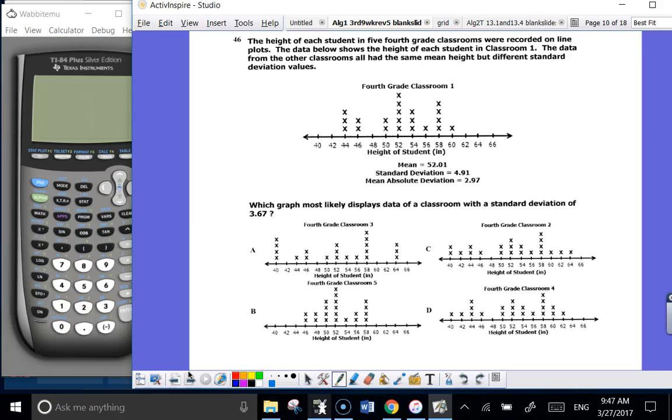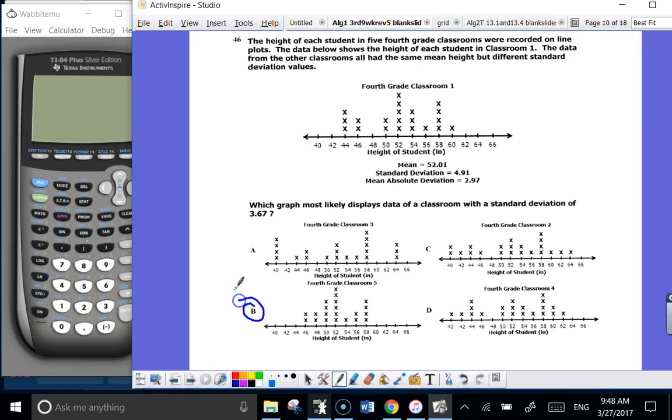If you calculate, it might be a little confusing, but it ought to be fairly obvious that this one looks more spread out. These two look more spread out, but this one is definitely more compact. It's the only one. I'm just comparing 4.91 and 3.67. That's telling me to look for the one that's less spread out. B.